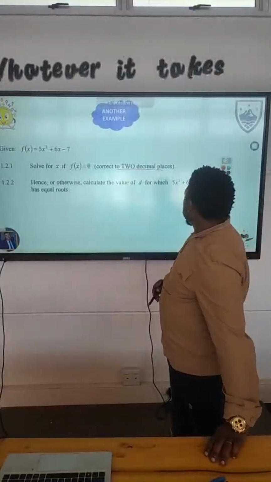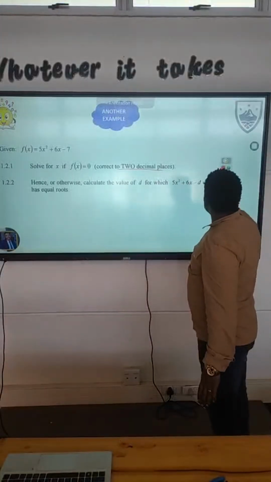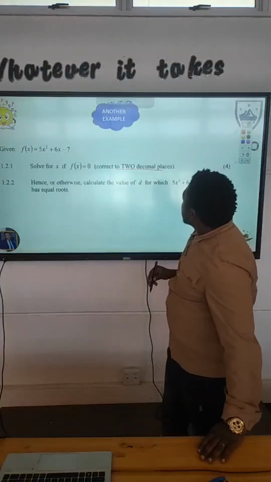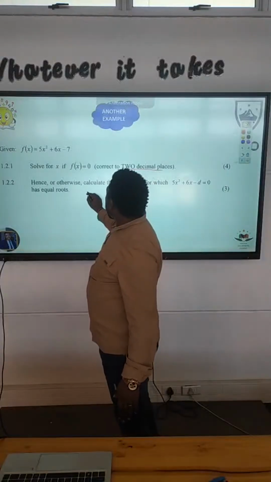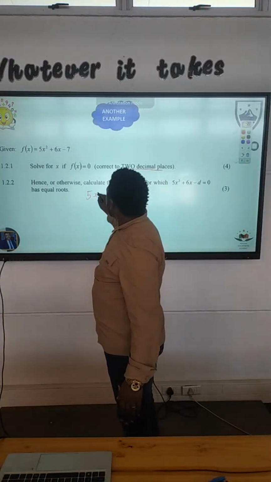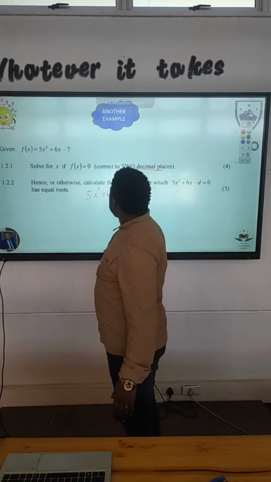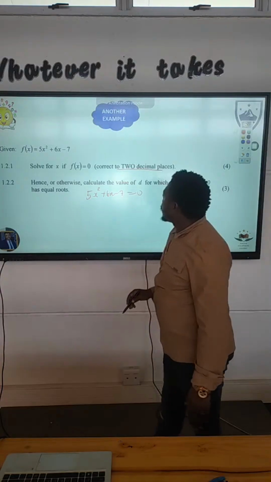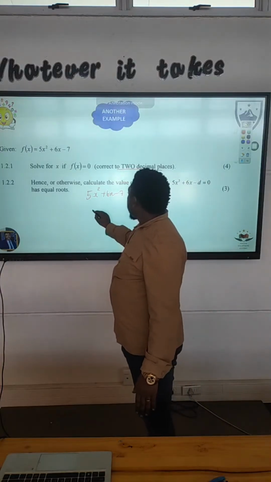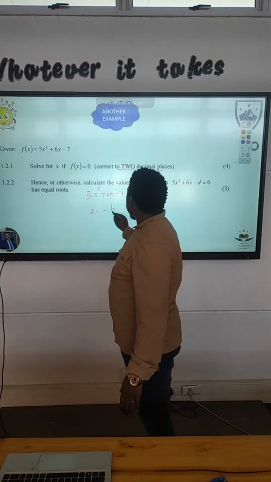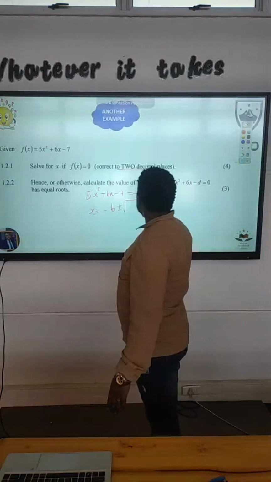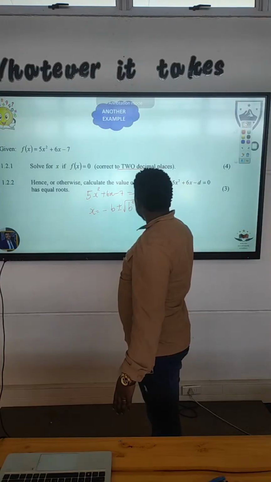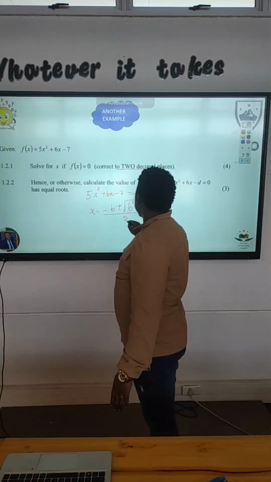Let us go and use the quadratic equation. So we have 5x squared plus 6x minus 7 equals 0. Then x will be negative b plus or minus the square root of b squared minus 4ac, everything over 2a.